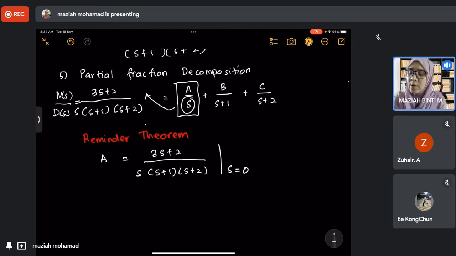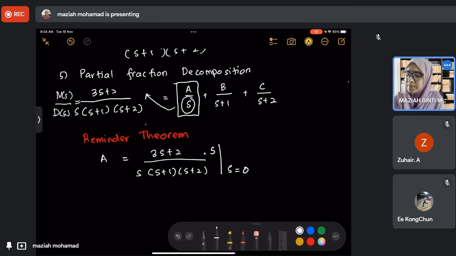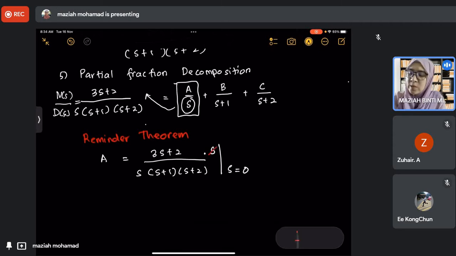So we have this one multiplied with S. This one can be cancelled, S cancels with S. Now we replace S equal to 0 into the function. So this one will become 0, this one will become 0, this one will become 0.